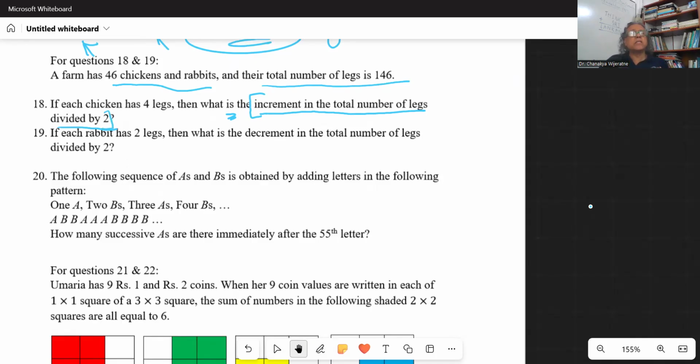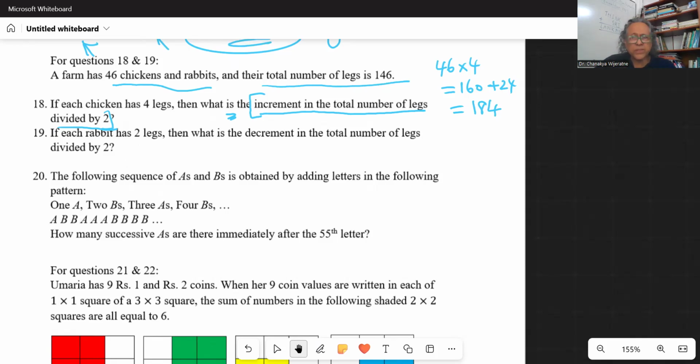So if each chicken has 4 legs, then the total number of legs is 46 times 4. 40 times 4 is 160, plus 4 times 6 is 24. So this is 184. It's always easy to multiply like this: 4 times 40 plus 4 times 6.